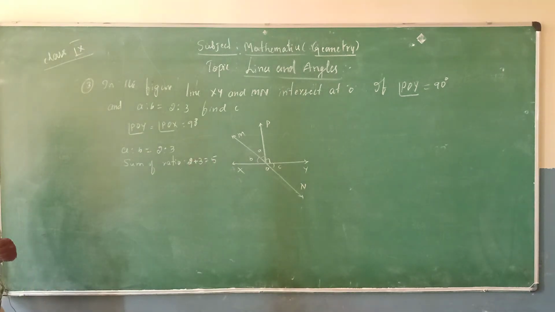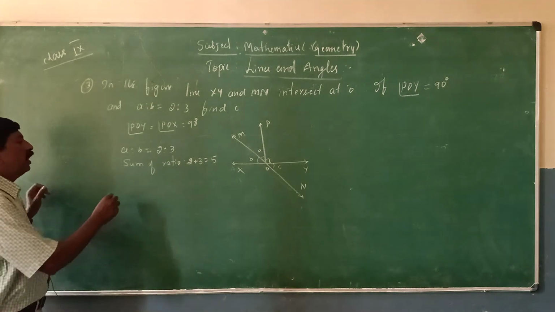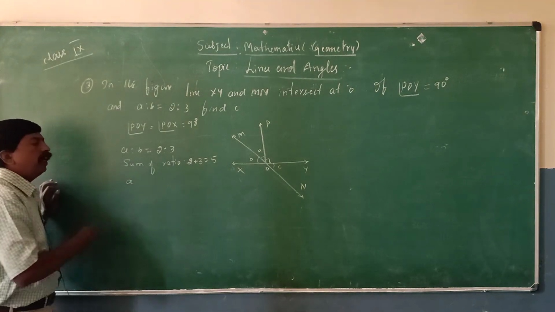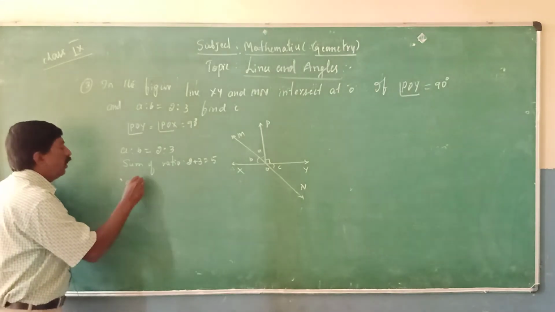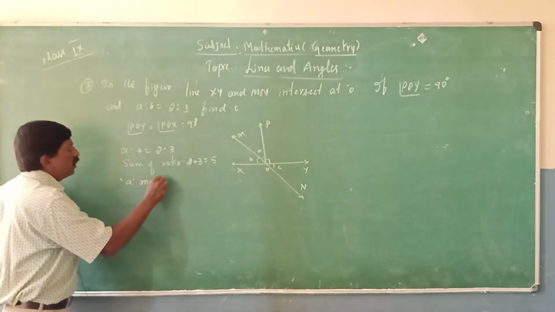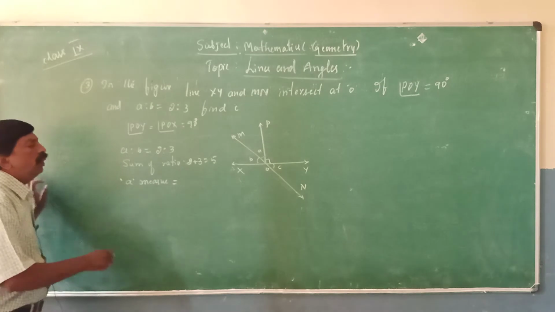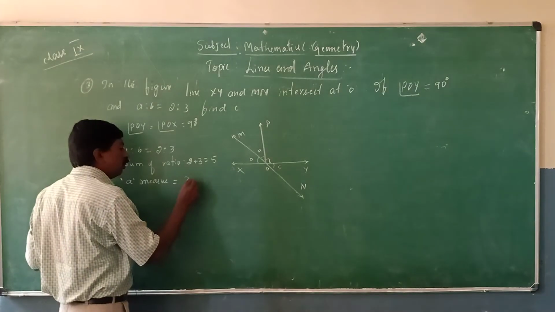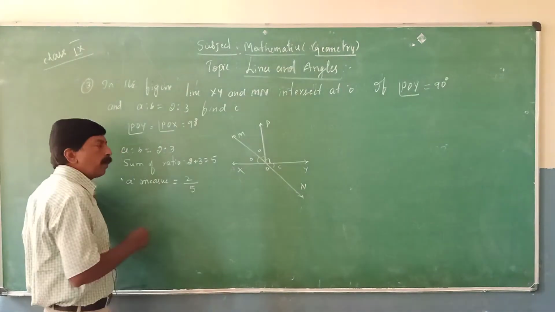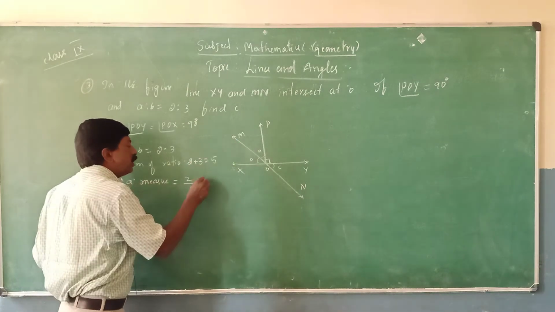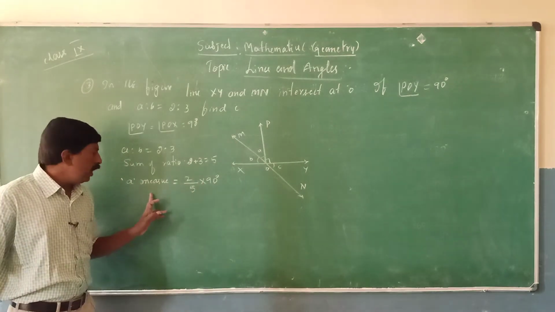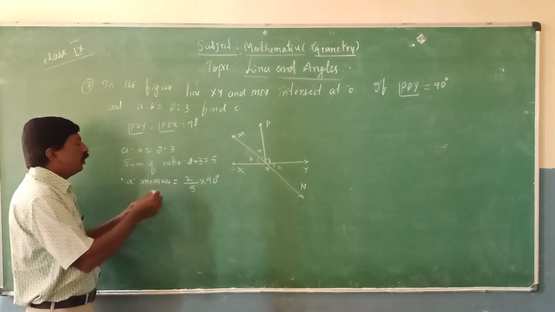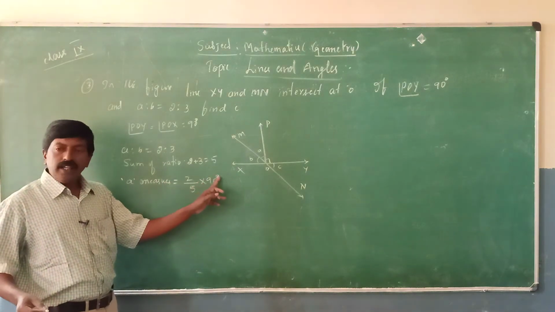Now what does A part says? So A, that is angle A, measures its part is 2, total part is 5. Total angle is 90 degree. Once again look here. So angle A measures 2 by 5 of 90 degree.